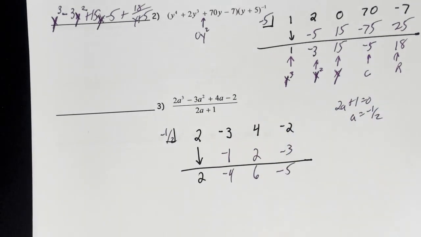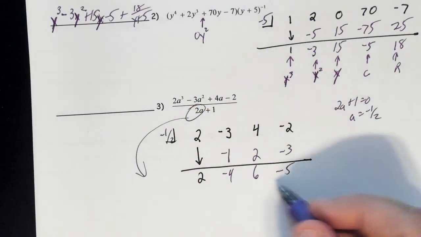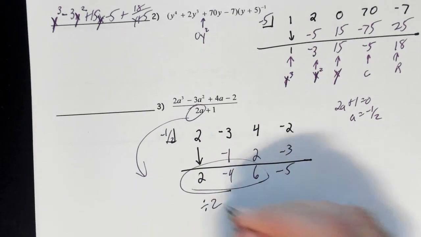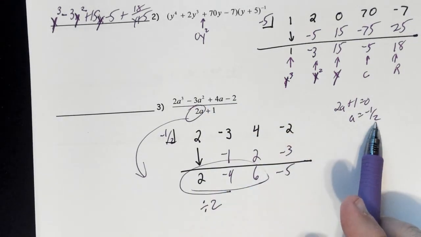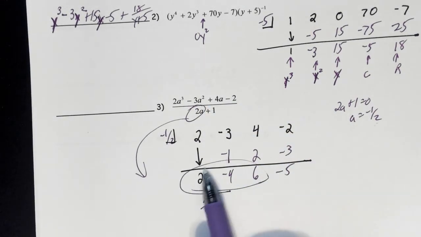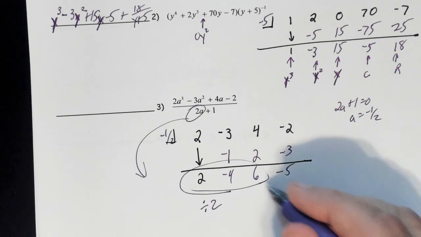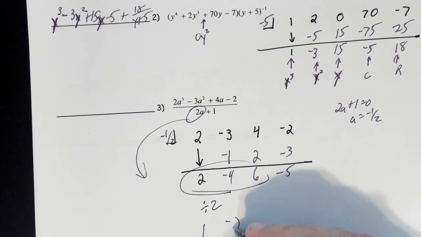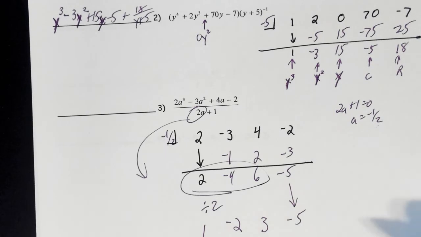Okay? So the only difference, because of this 2, is that this piece right here still has to be divided again by 2. Whatever that number is, that denominator here, you have to divide this part, but not the remainder. The remainder stays the same. So we divide everything by 2, and this would be a 1, -2, 3. The -5, the remainder, stays the same.